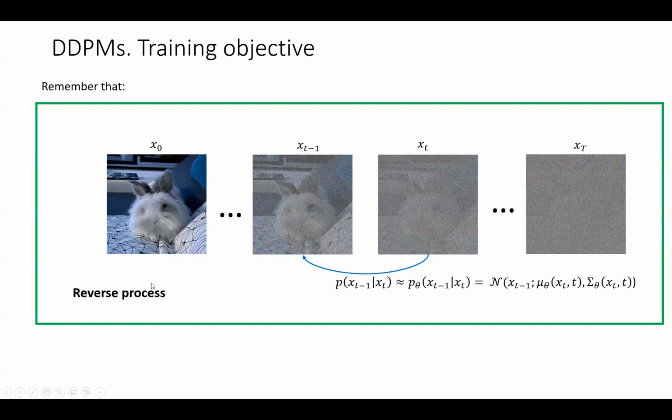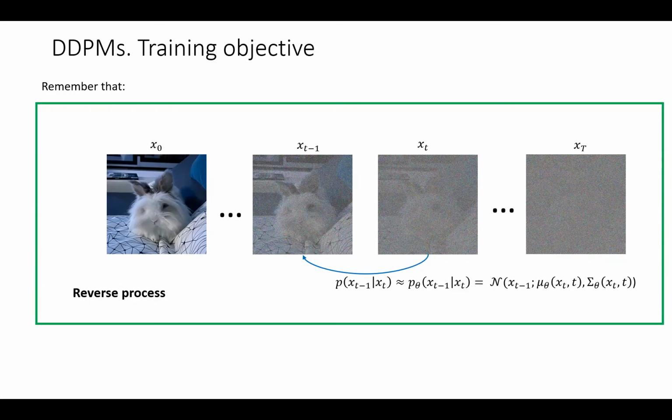And that also is modeled by this distribution. So here now, as you see, it is different. Given xt, you want to find out xt-1. That's the reverse process. In the forward process, given xt-1, we were going to estimate xt. So now for this one, we will train a neural network. Whenever you see theta, it is the parameters of the neural network.